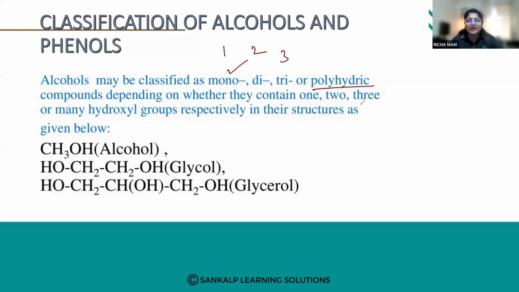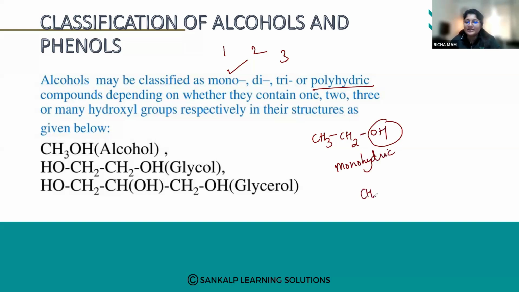If I give you an example, CH3CH2OH, how many OH groups are there? Only one, so it is called a monohydric alcohol.